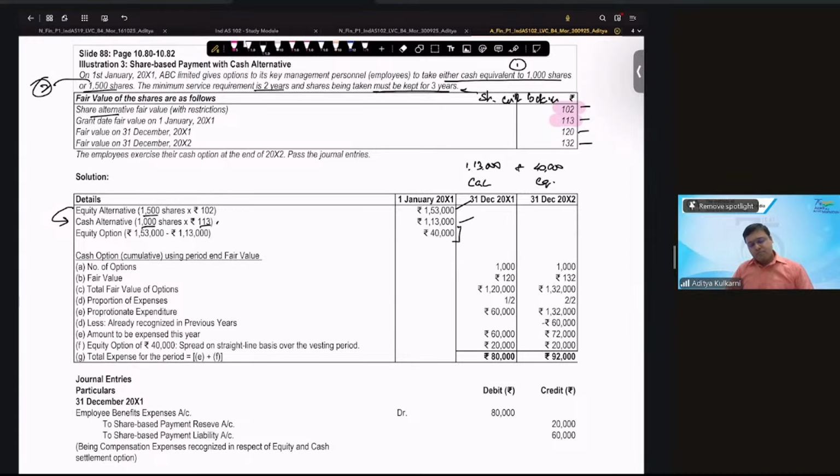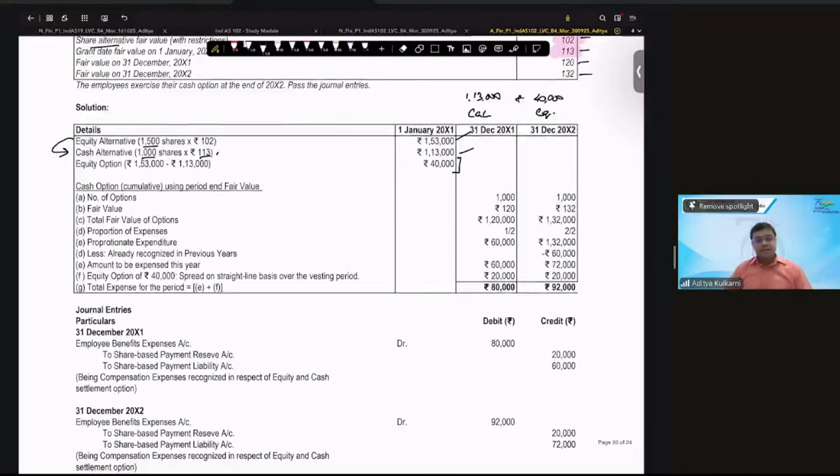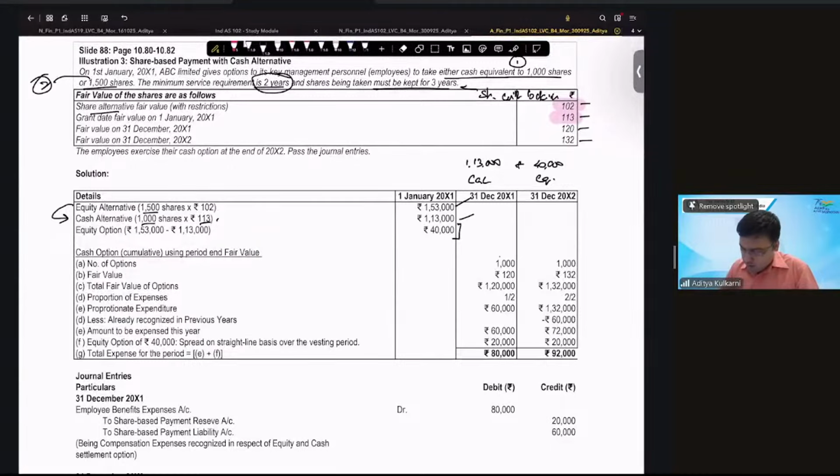So this is how the equity option should start getting recognized. Now let us move on to spreading it over the service period. What is the vesting period? 2 years. How many options are given? 1,000 options. Fair value of that option 120 at the end of the year. So 1,20,000 divided by 2, 60,000.